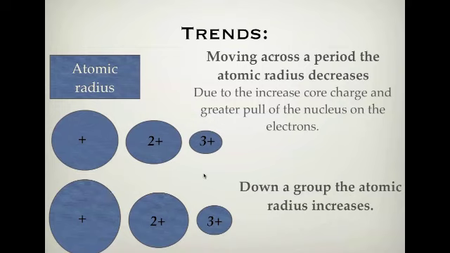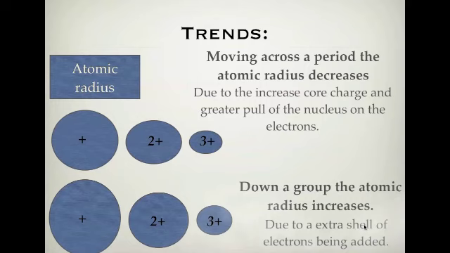This is because simply an extra shell of electrons is being added, so you have more electrons there to begin with, and therefore a larger atom. Moving across, you go smaller. Moving down, you go larger. You can kind of see that there.